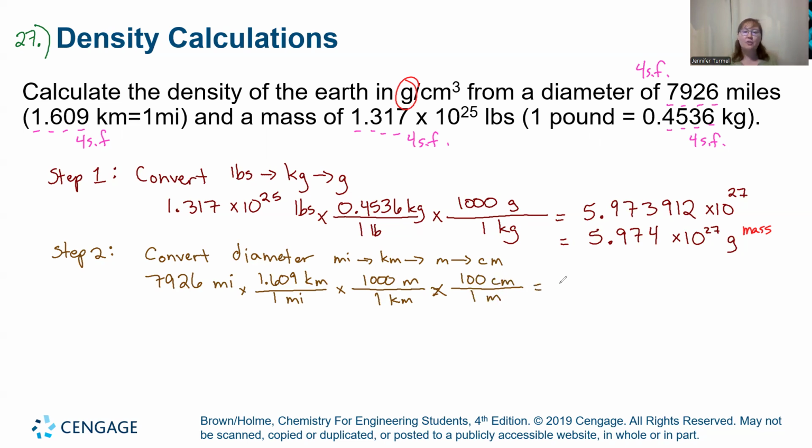And if you're not sure where I got those so fast, they come from our conversion papers before. 1.609 kilometers would be a value that you were given, or it's a value that is also on your conversions page.